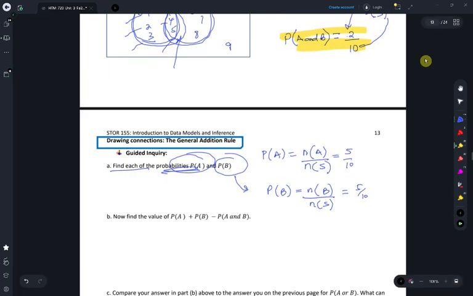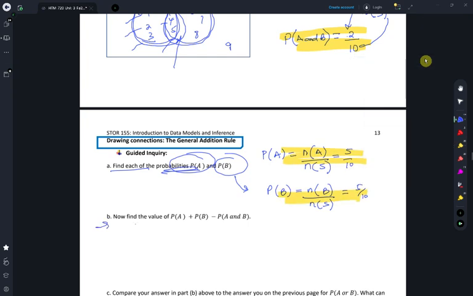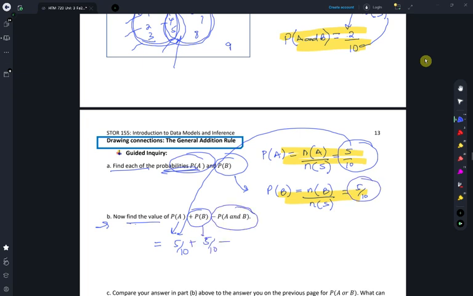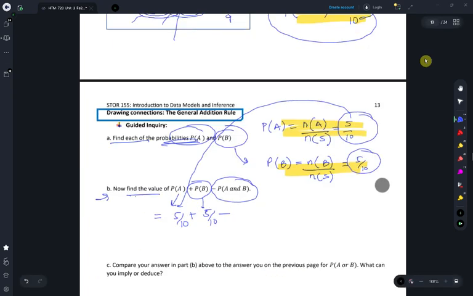Now you see all the results we have had so far. Let's pull them together in this observation. Can we find the value of probability of A, which is 5 over 10, plus probability of B, which is 5 over 10, added together, minus the earlier result for probability of A and B, that was 2 over 10?